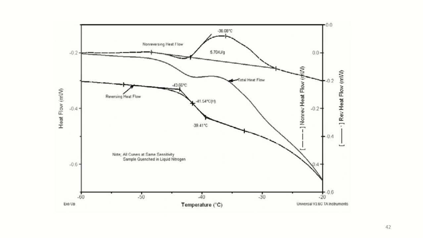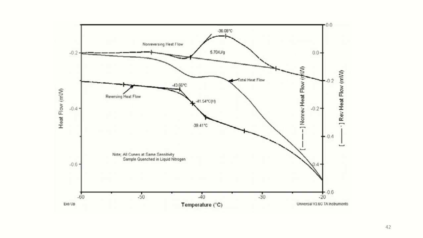Just passing through this temperature, there is a heat anomaly and it is recorded by modulated differential scanning calorimetry in a quite easy way. While at about minus 39.41 degrees Celsius, there is another enthalpy change which is recorded quite successfully by modulated differential scanning calorimetry. So here the temperature difference is about 4 degrees Celsius, which is very close.